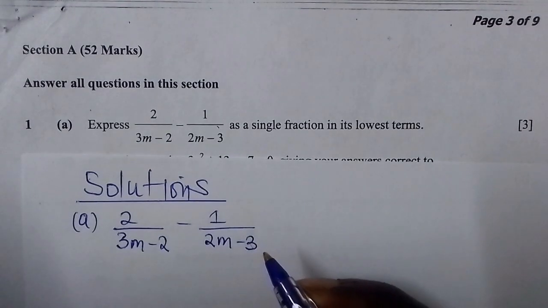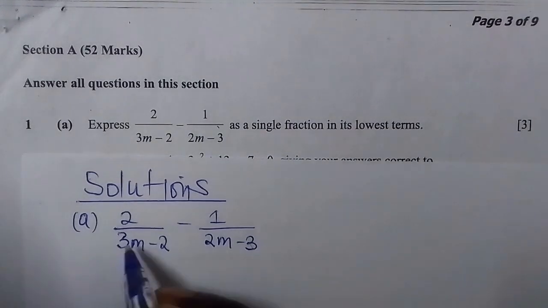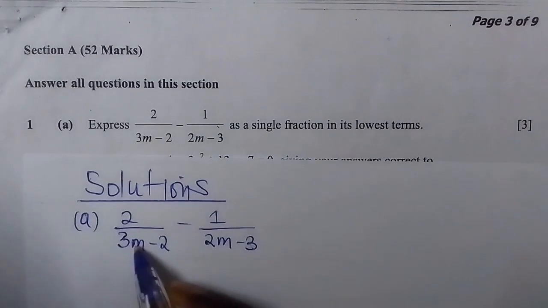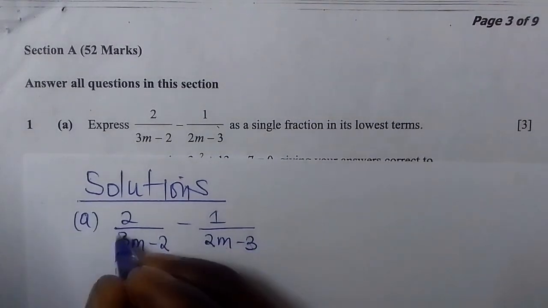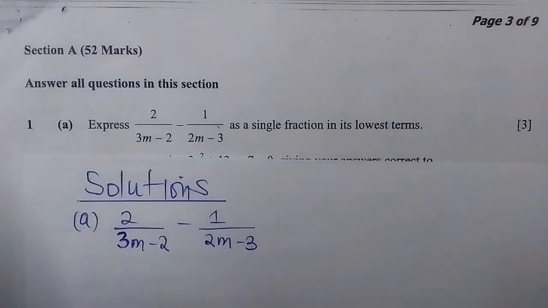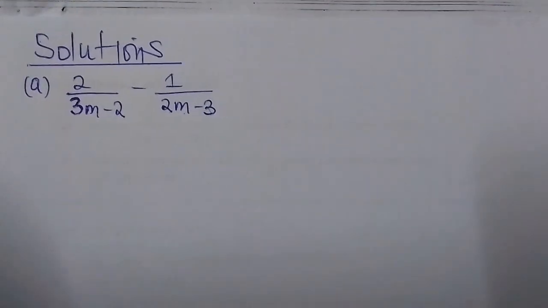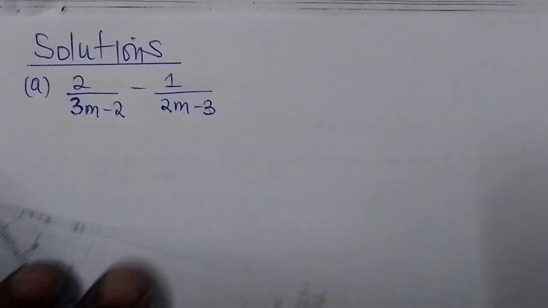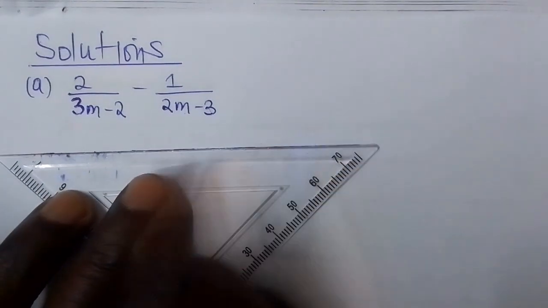So to work out this one, first of all, we will get the common denominator for the fractions given. If we look at the denominators, 3m minus 2 and 2m minus 3, these will multiply to give us the common denominator.